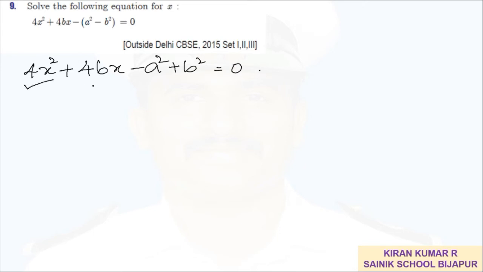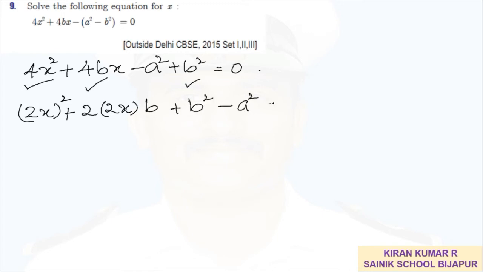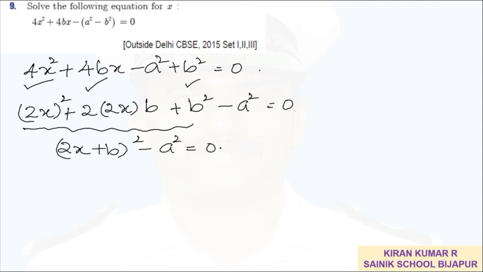Look at these three terms. Can you guess it? It is 2x whole square plus 2 times 2x multiplied by b plus b square minus a square equal to 0. This is nothing but 2x plus b whole square minus a square equal to 0.